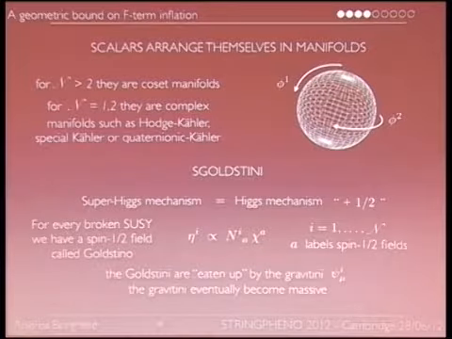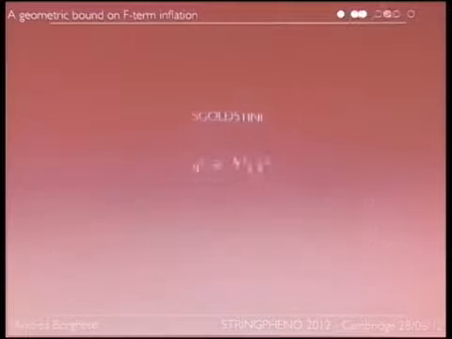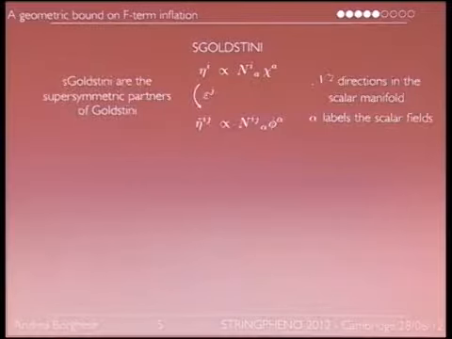When supersymmetry is broken by the super Higgs mechanism, you have these Goldstone modes, which are spin 1/2. And then when you take a supersymmetry transformation, you arrive at the scalar sector, and you single out, for every supergravity theory, whenever supersymmetry is broken, these directions, which are called sgoldstino directions.